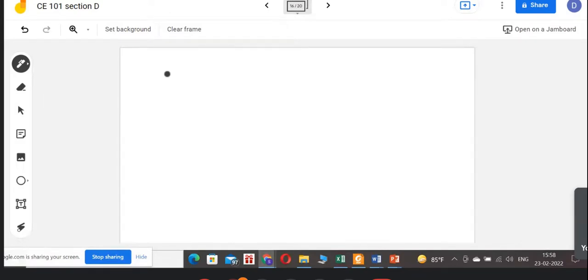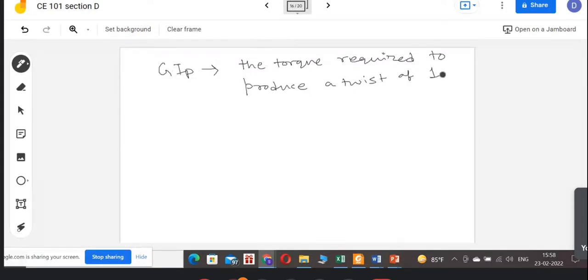So now the very last part. What we have seen is that this G into IP can be represented as the torque required to produce a twist of 1 radian for a unit shaft length.